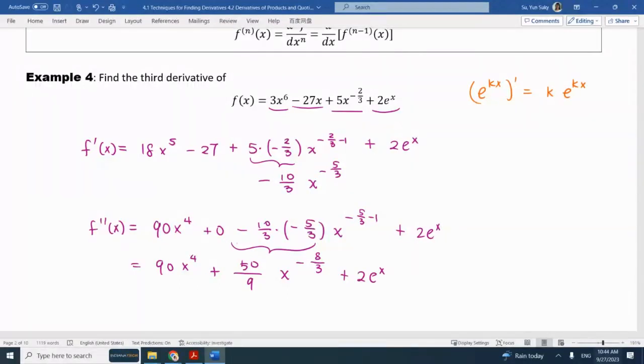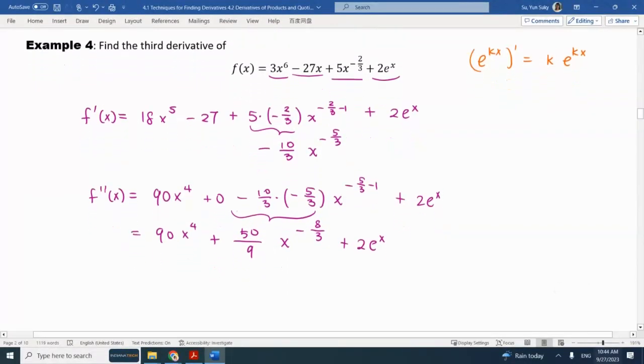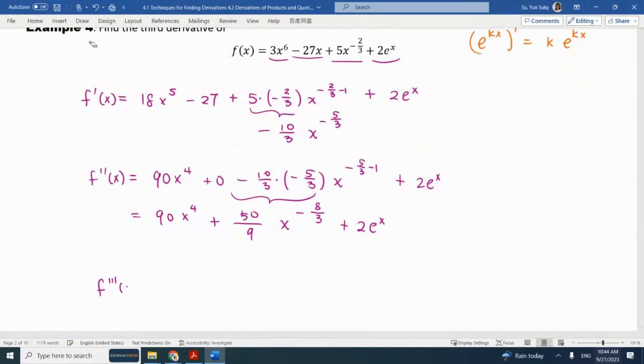Okay. Third derivative, so we need one more. Wayne, what's the derivative of 90x to the 4th? Yes. Can you also tell me the next number? Yes. Is everybody okay with that?